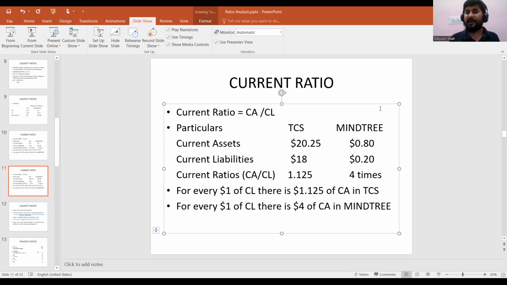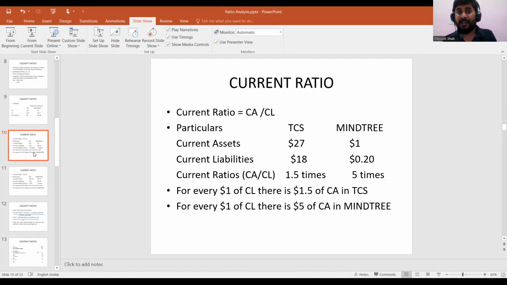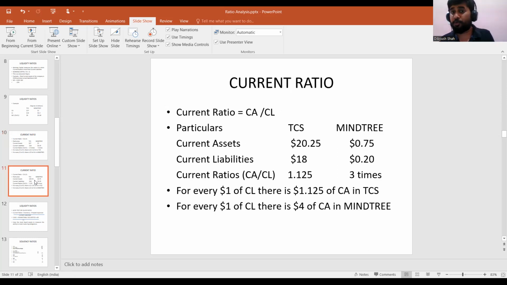On the other hand, Mindtree has also had the same effect, 25% on its liabilities. Again, let's calculate the current ratio. See, TCS's current ratio has come significantly down from 1.5 earlier. It came down to 1.125.